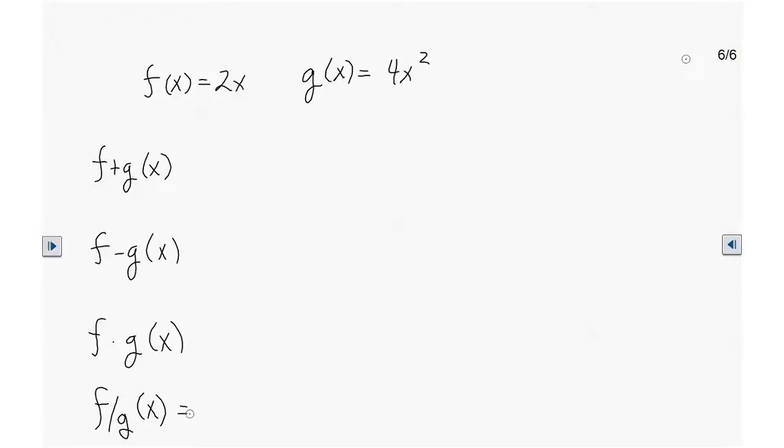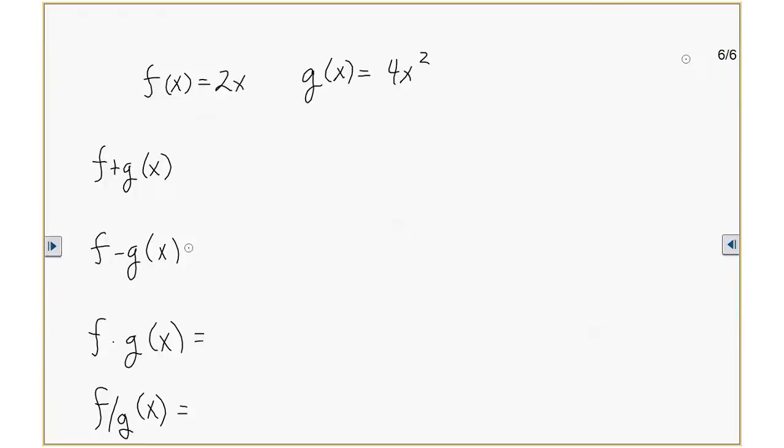So I want each one of you, and we went over this last time, to do that. Give me those four things using f of x is equal to 2x and g of x is equal to 4x squared.